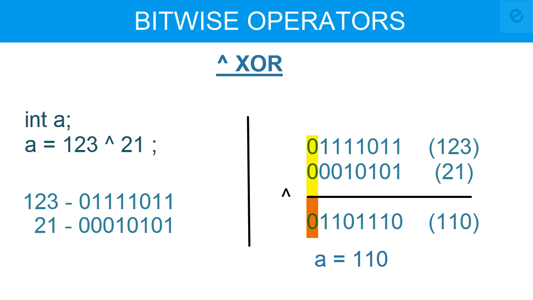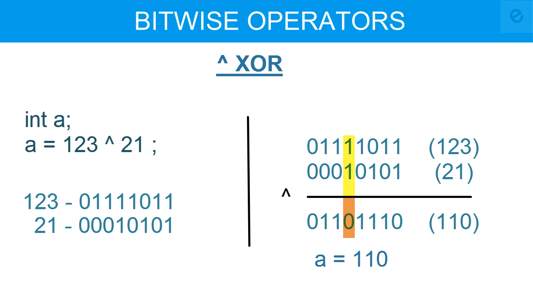Suppose in the first column 0 and 0 is written. Since it is not of the form 0 and 1 or 1 and 0, it rewrites it as 0. In the second column 1 and 0 is written, since 1 is present and 0 is also present, it rewrites it as 1.